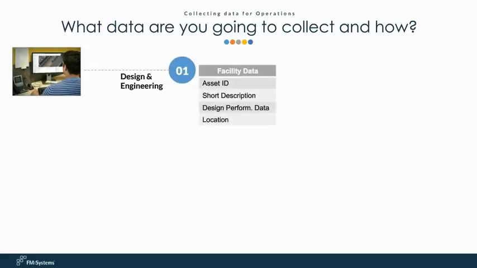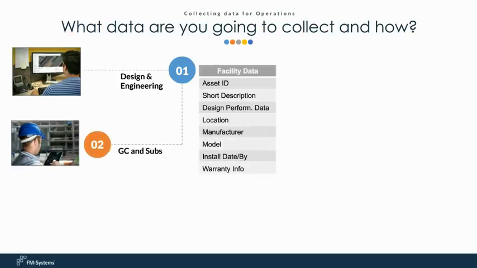Through the design and engineering process, we've got things such as asset ID, a short description, design performance data, the location of where that thing is going to be installed. That could be supplemented by your general contractors and subs, as long as they understand, and it's in your contractual requirements, to put this information in. They may be adding things such as who's the actual manufacturer of what really got installed, the model, who installed it and the date, as well as the warranty information. Terrific data to get directly out of that model.